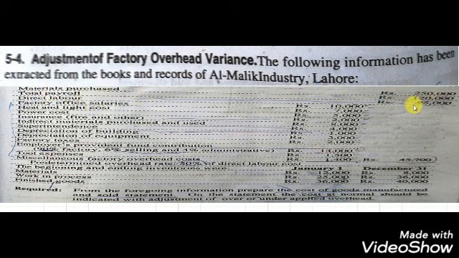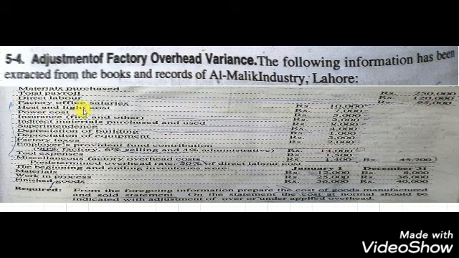Total payroll means all the payroll, like factory payroll, admin payroll, and selling payroll. This is the total payroll, 1,20,000 rupees, but in which direct labor cost, which belongs to the factory cost, is 95,000 rupees.